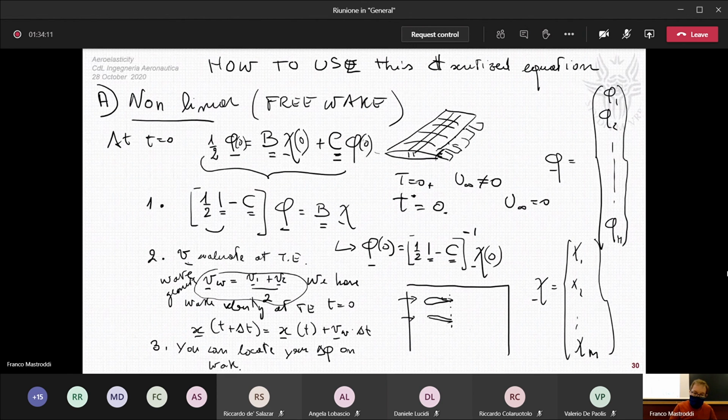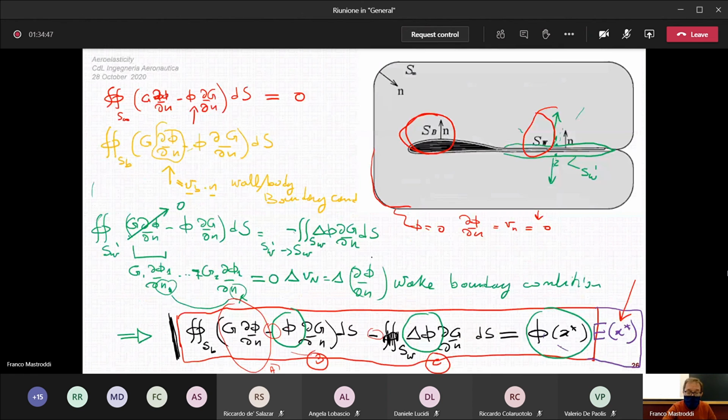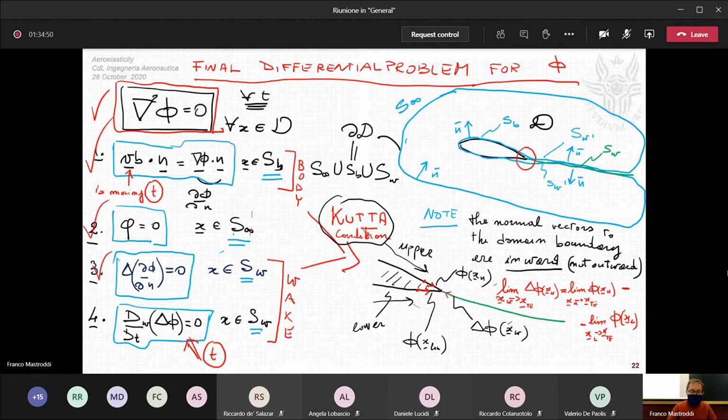Okay. Reiterate this step in any time. In the next time, you have first to solve this equation, but here now you have delta phi that you have already generated before. The old values are influencing the present in another position. And now you have finally considered also this condition here.